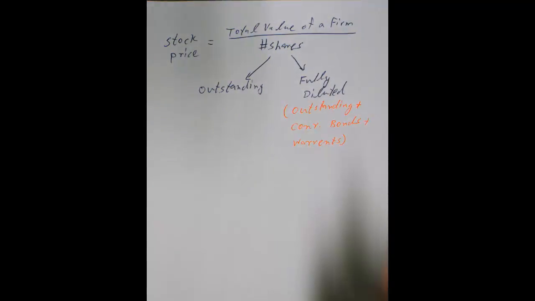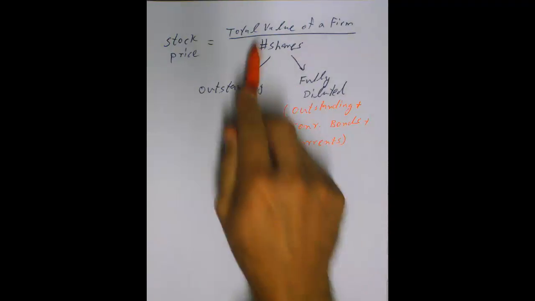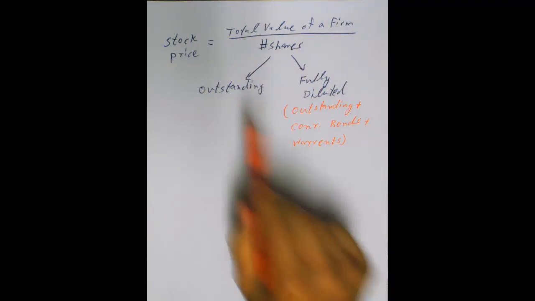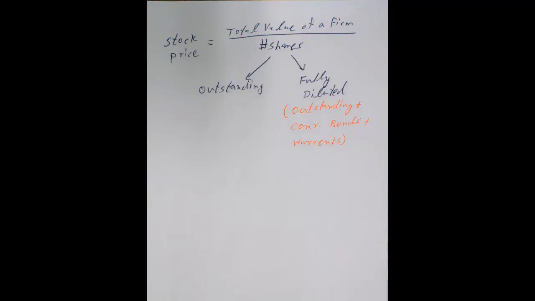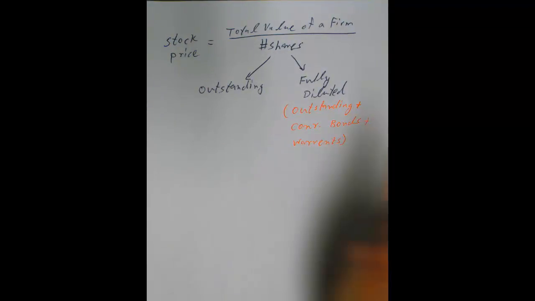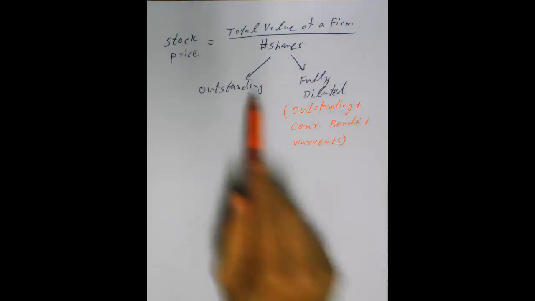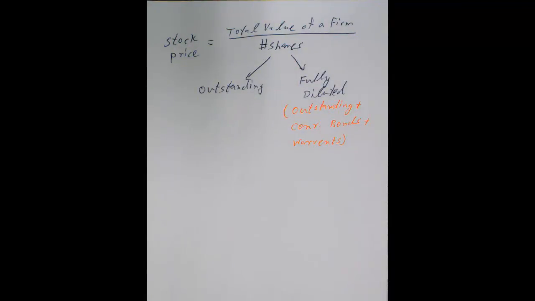But there is more than one concept of how to look at the denominator, the number of shares. Number of shares can be either outstanding or fully diluted, and it really depends on the context, on the specific firm that you're looking at. So let's understand what each and every one means. The number of shares outstanding is simply the number of shares that is written for each and every company.